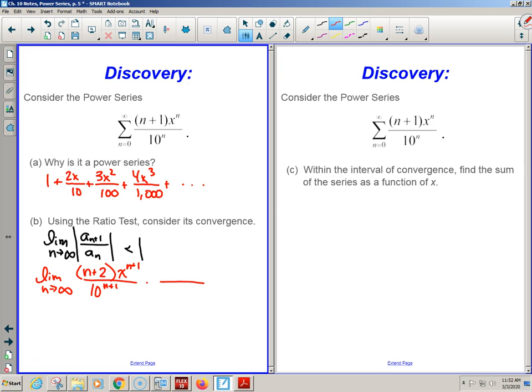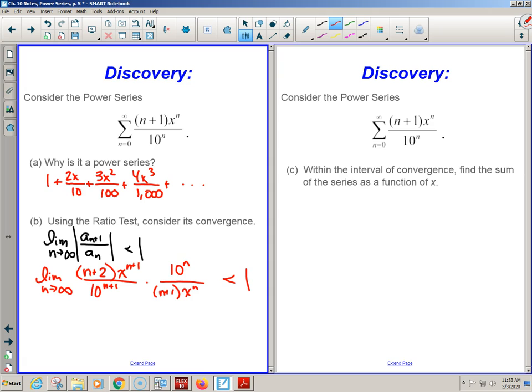Yes. Okay, so I have the n plus 1, I have the x to the n, I have the 10 to the n, ooh, less than 1. When, or where, or for what values of x this is truly less than 1, the ratio test will prove the convergence of the power series.